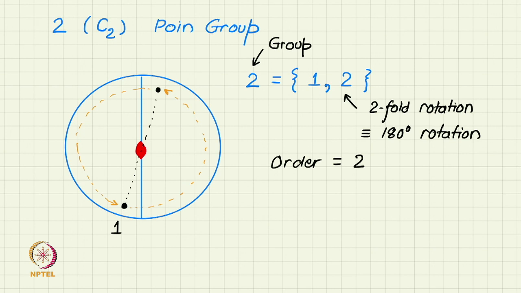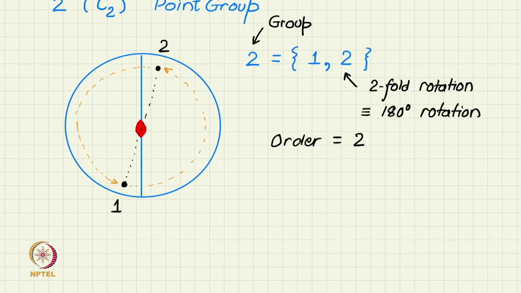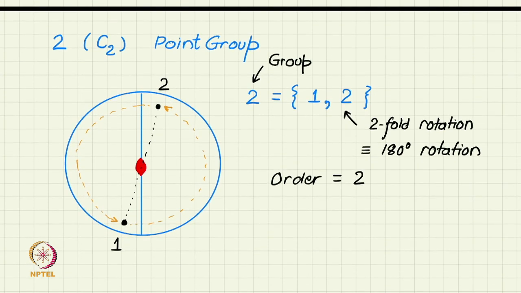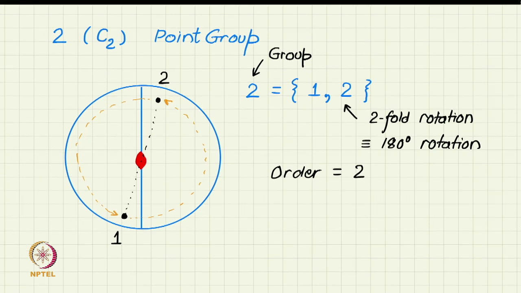I don't do anything. So, I have this point, and when I rotate by 180 degree, that is by the operation 2, I generate this new point. So, I call that 2. So, this is about the point group 2.